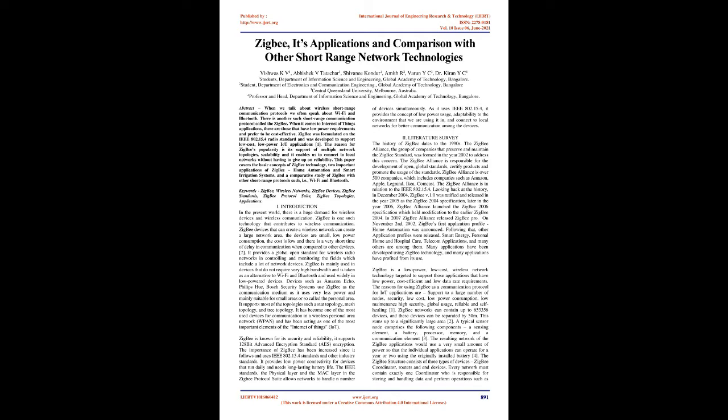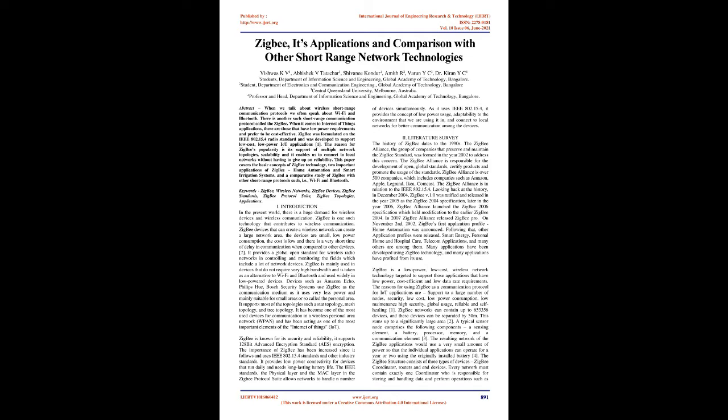802.15.4. Looking back at the history, in December 2004, Zigbee v1.0 was ratified and released in the year 2005 as the Zigbee 2004 specification. Later in the year 2006, Zigbee Alliance launched the Zigbee 2006 specification, which held modifications to the earlier Zigbee 2004. In 2007, Zigbee Alliance released Zigbee Pro. On November 2, 2002, Zigbee's first application profile, home automation, was announced.